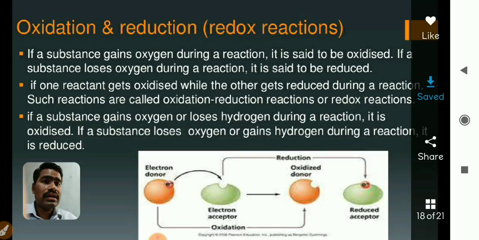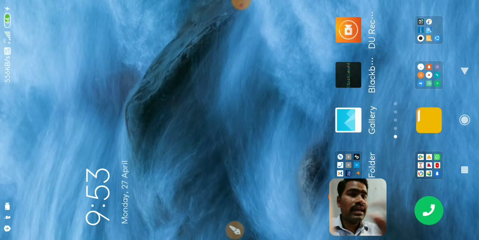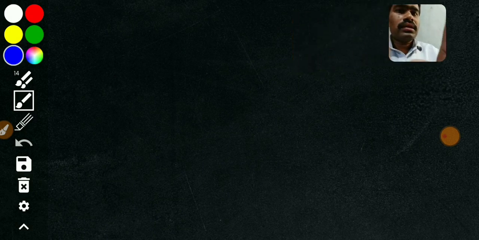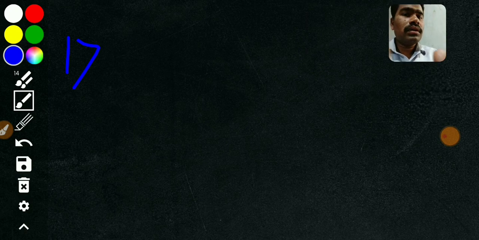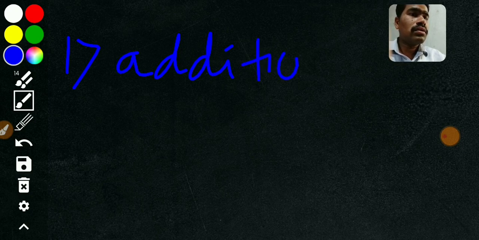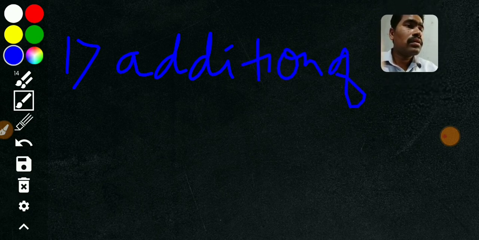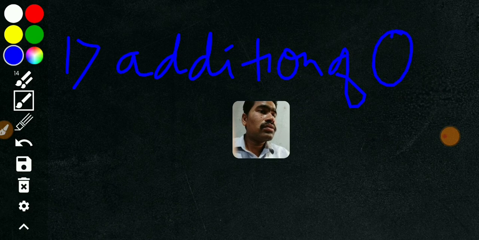Now I'll clear it here. I'll just go to the blackboard. If you see the first definition of oxidation, it is addition of oxygen.